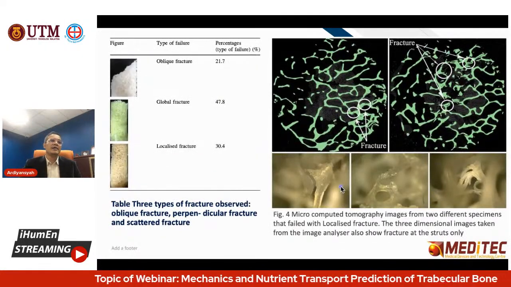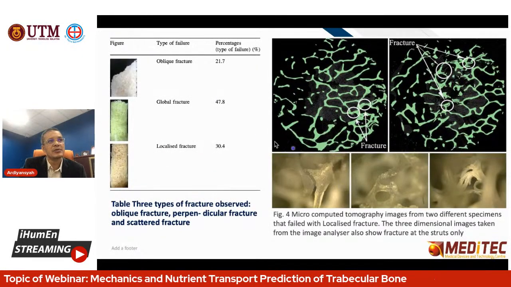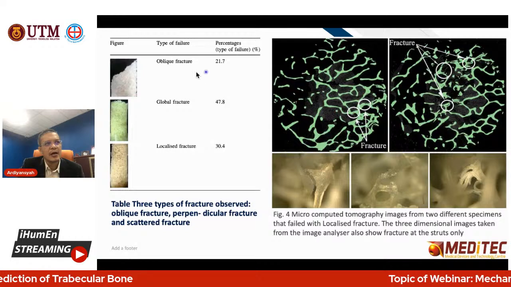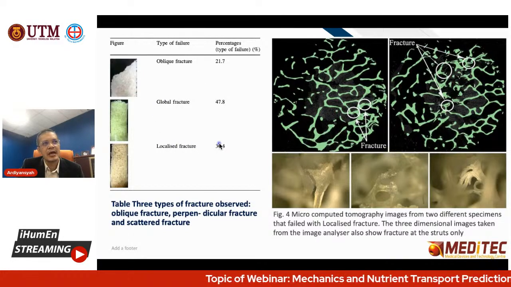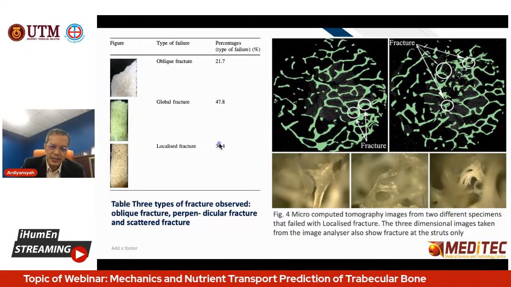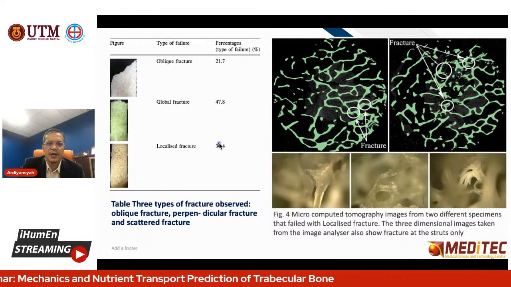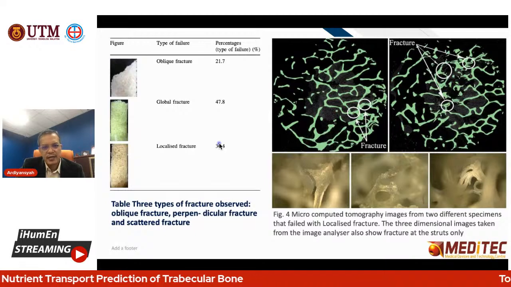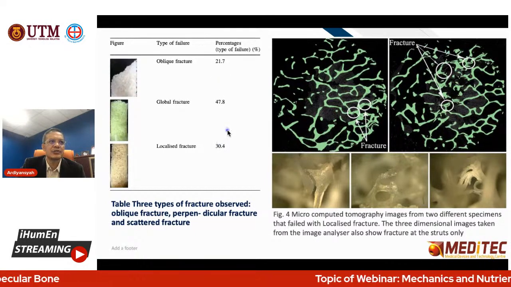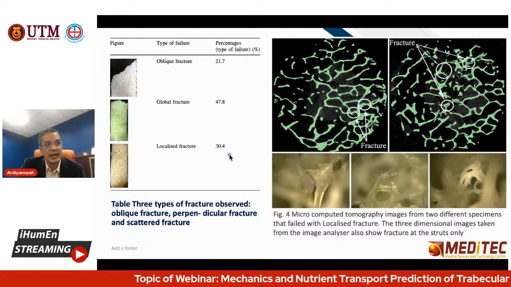With cancellous bone and MicroCT, we can check during the testing. We have 3 types of fracture. The first is the oblique fracture, another is the global fracture, and another is the localized fracture. This is the percentage of each fracture type.